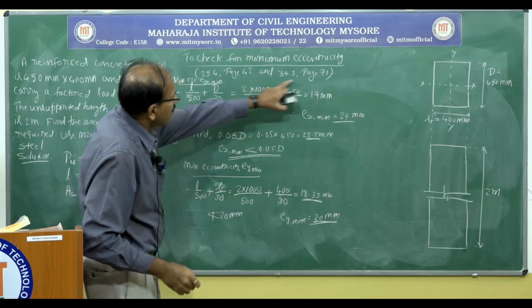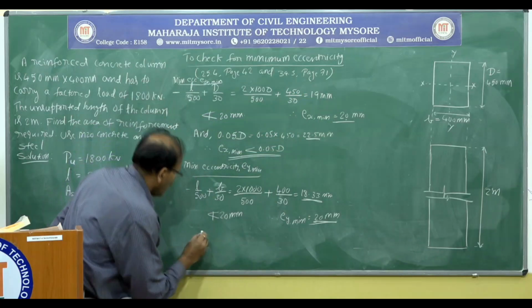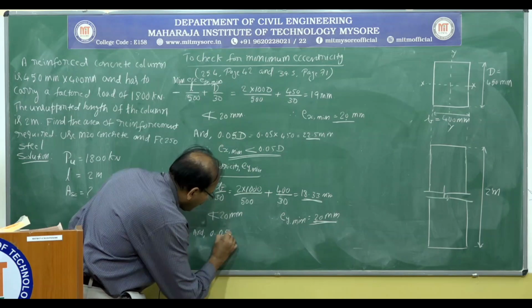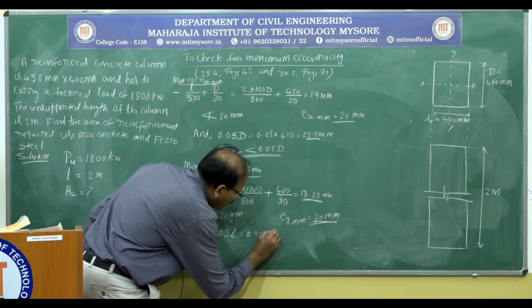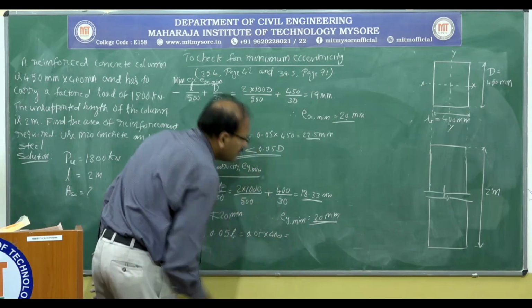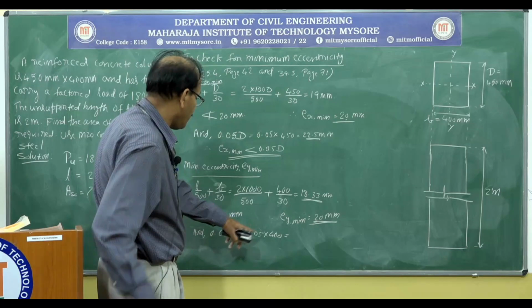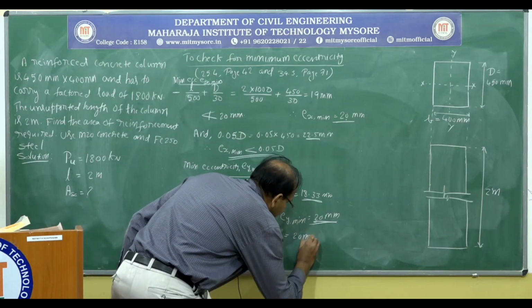Next, 0.05 B equals 0.05 into 400, that is 20 mm.